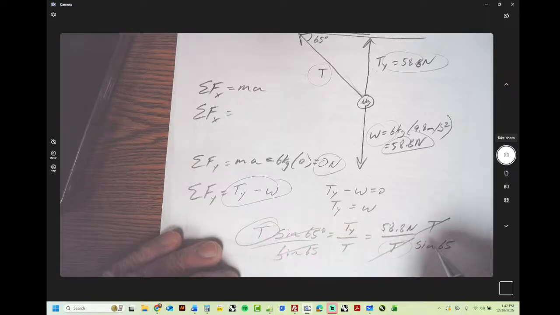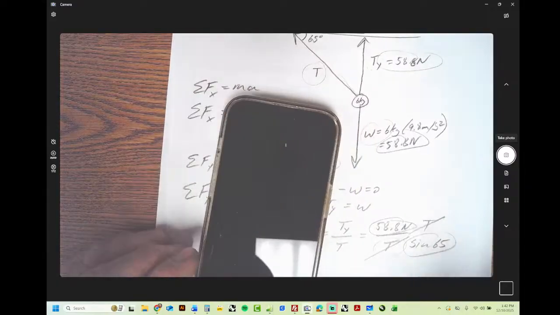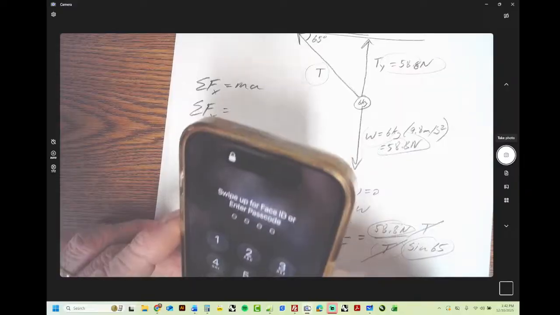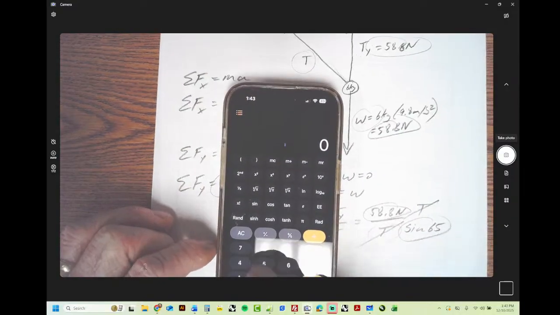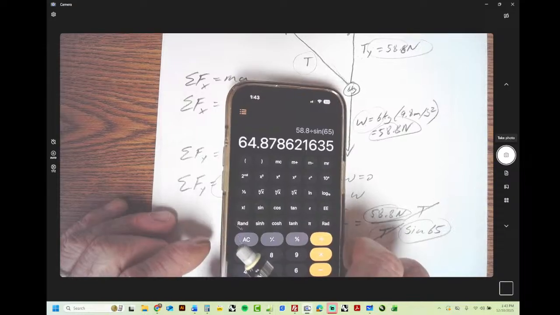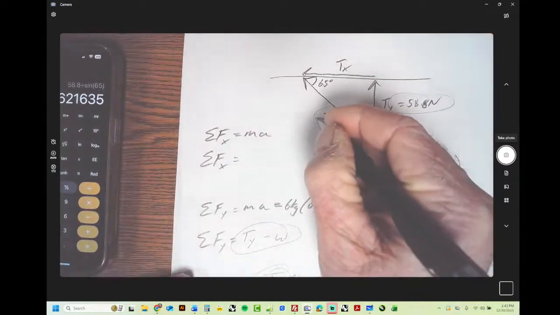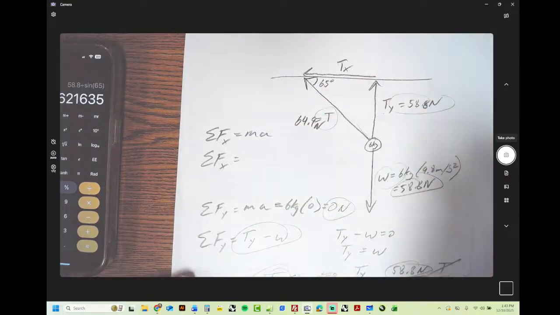And we get T equals 58.8 over sine of 65, which is 64.87, so 64.9.